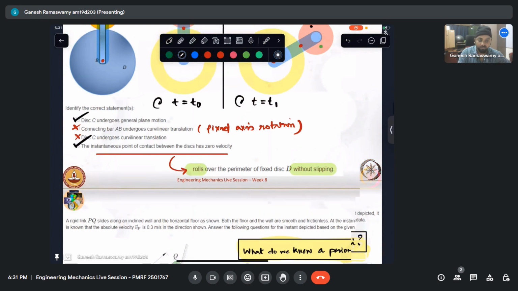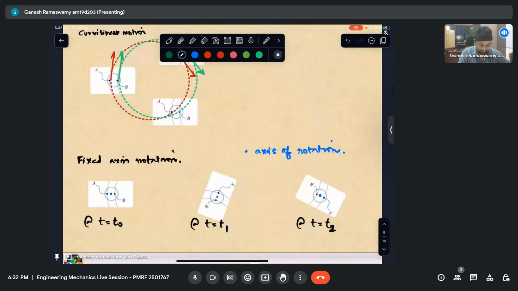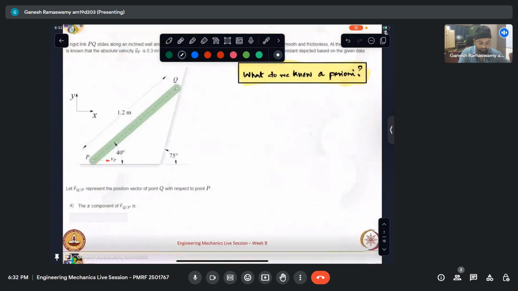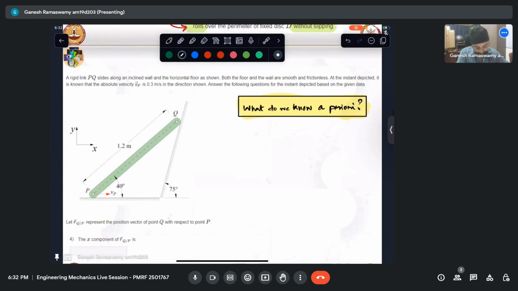Okay, so far we have looked at abstract examples where we try to identify the motion and qualify it. Now let us try to solve some numerical problems also, so that we get the confidence in doing the vector analysis. So the question says, this is a link we have.